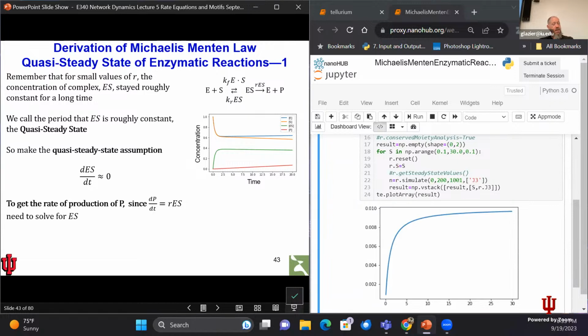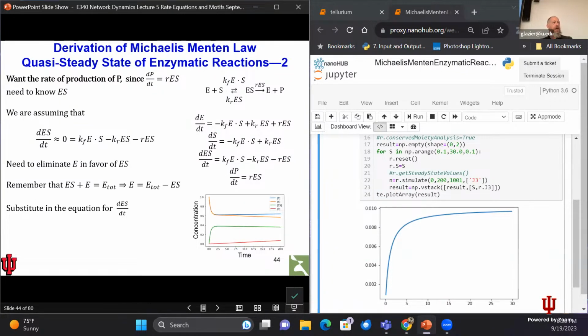In the quasi-steady state approximation, we're going to assume that the rate of change of ES is 0. That basically the amount of ES is constant in time. And that makes life easy because the rate of production of P is R times ES. And so in this case, what we need to do is solve for the amount of ES.